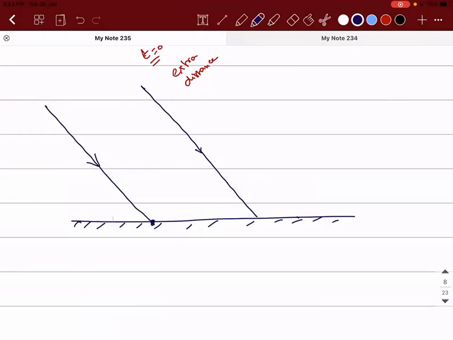So if I calculate this distance Vt, where V is the speed of light in that medium and t is the extra time taken by the second ray to hit the surface, what would have happened is the first ray would have already generated a wavelet. Let's say this is the wavelet that it has generated.